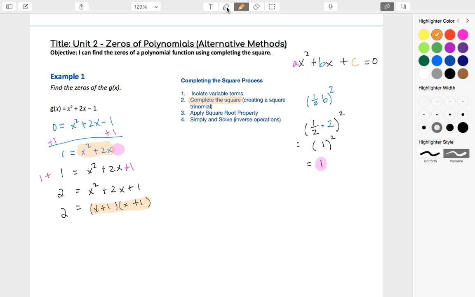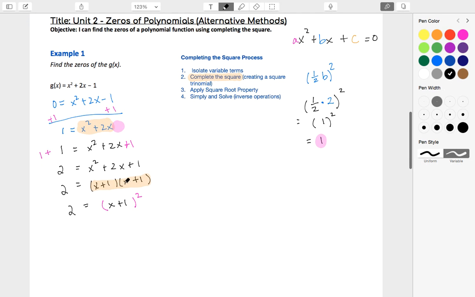If they are the same, that means we can rewrite them as a single binomial, but squared. And we have x plus 1 squared is equal to 2. Once you have these 2 factors in this structure of x plus 1 squared, that means you've completed the square. So this is the example of a perfect square trinomial.